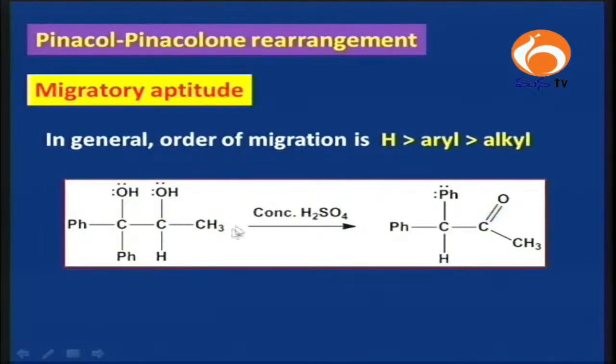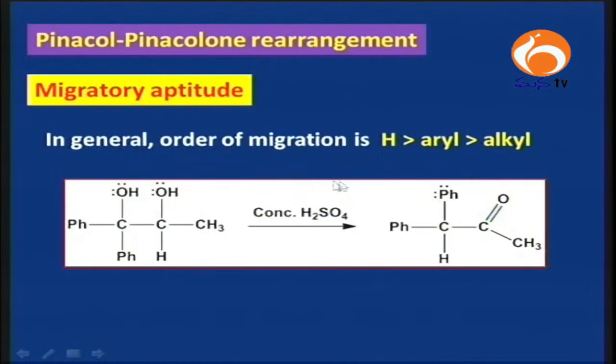Now the methyl group or hydrogen atom can undergo migration to this particular carbon. To this carbocation, the methyl group can migrate with the bond pair of electrons, or the hydrogen can migrate with the bond pair of electrons. That means it can be a 1,2 methyl shift or a 1,2 hydride shift.